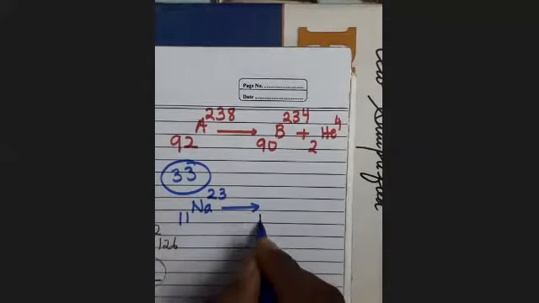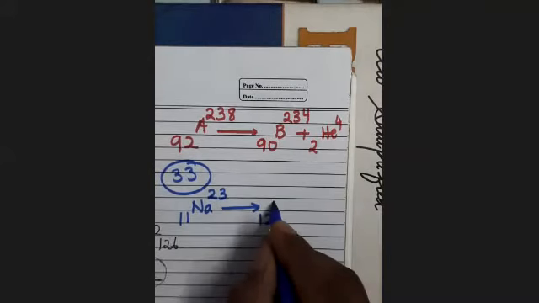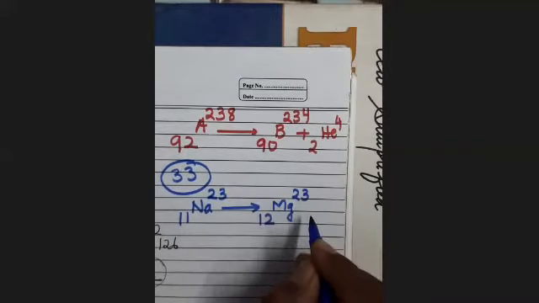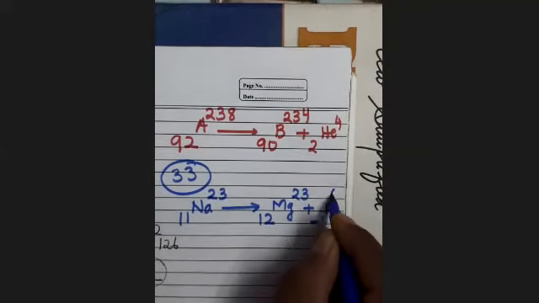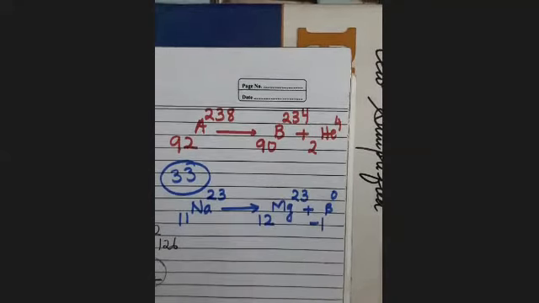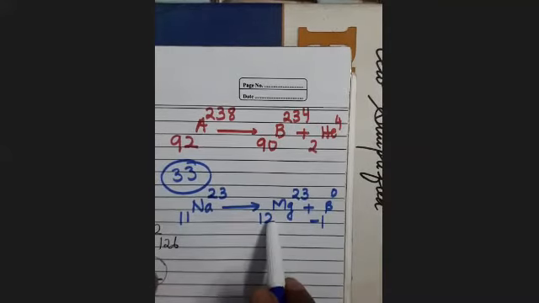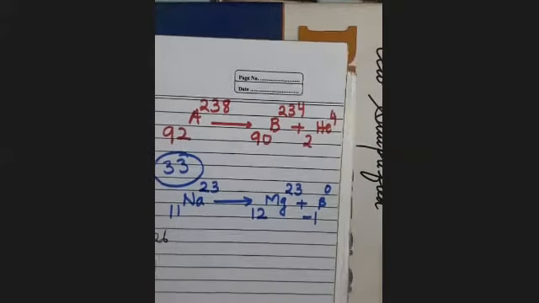Now atomic number will become 12. 12 is the atomic number of magnesium. Mass number will remain unchanged. Plus minus 1 beta 0. So it will be 12Mg24 plus minus 1 beta 0.